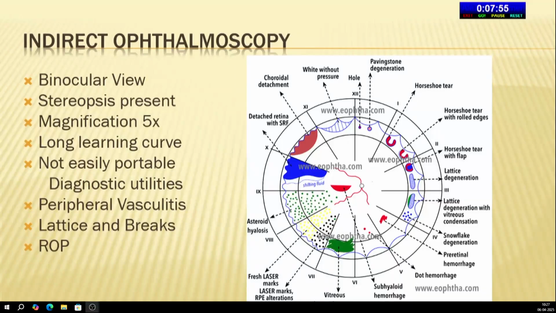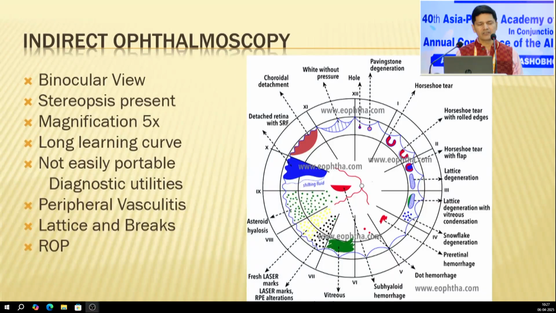Then indirect ophthalmoscopy, the advantage is it has binocular view, so stereopsis is present, but the magnification is lower than direct ophthalmoscope, only 5x. It has got a slightly long learning curve in comparison to direct ophthalmoscope, and it is not easily portable, because it is to be attached with the electric connection.